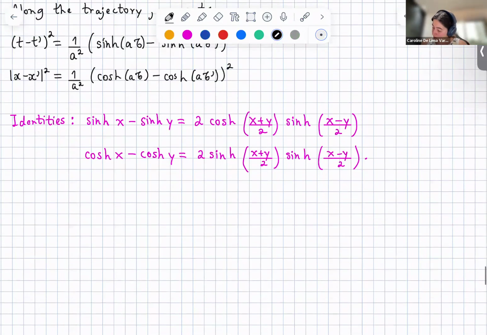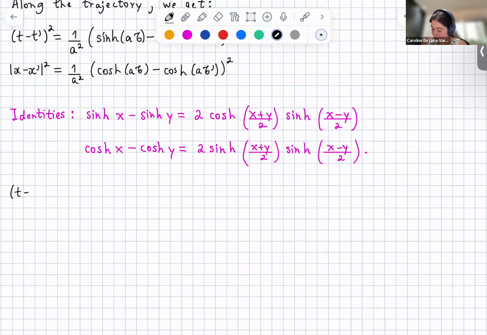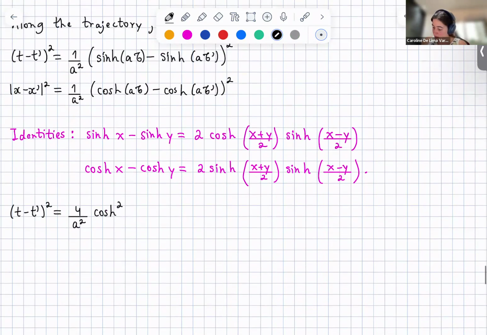Basically, we're going to use those identities and plug them back into those expressions. So here I get that (t minus t prime) squared is going to be 4 over a squared times cosh squared of a times (tau plus tau prime) over 2, and then sinh squared of a times (tau minus tau prime) over 2.